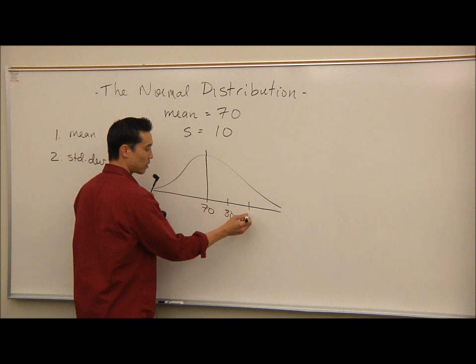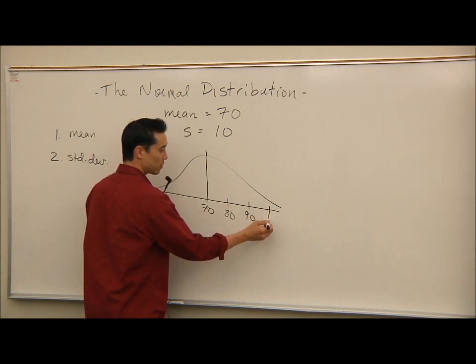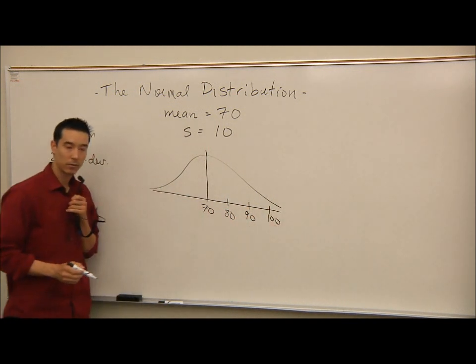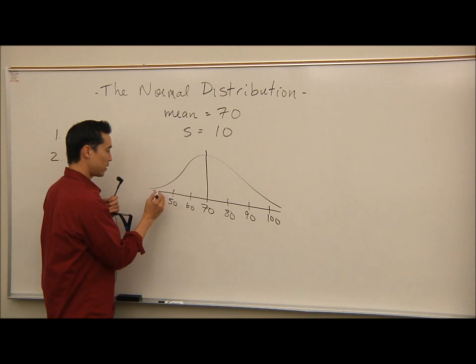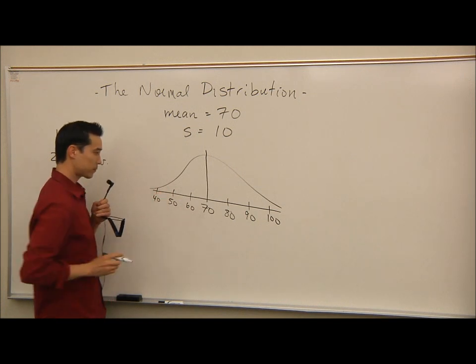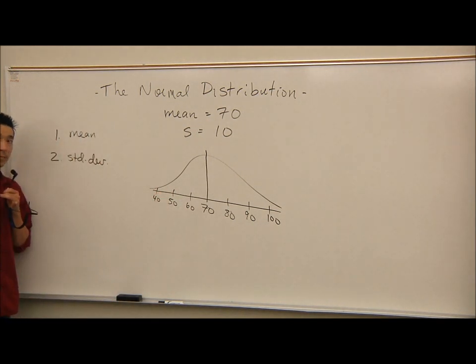Go up another, 90, and let's go 3 standard deviations, we're at 100, okay? Let's also do that on the other side, so 60, 50, and 40. Okay? So pretty much all the scores should fall within 40 to 100. You might have some extreme values, but pretty much all of them should fall within 40 to 100. Okay?